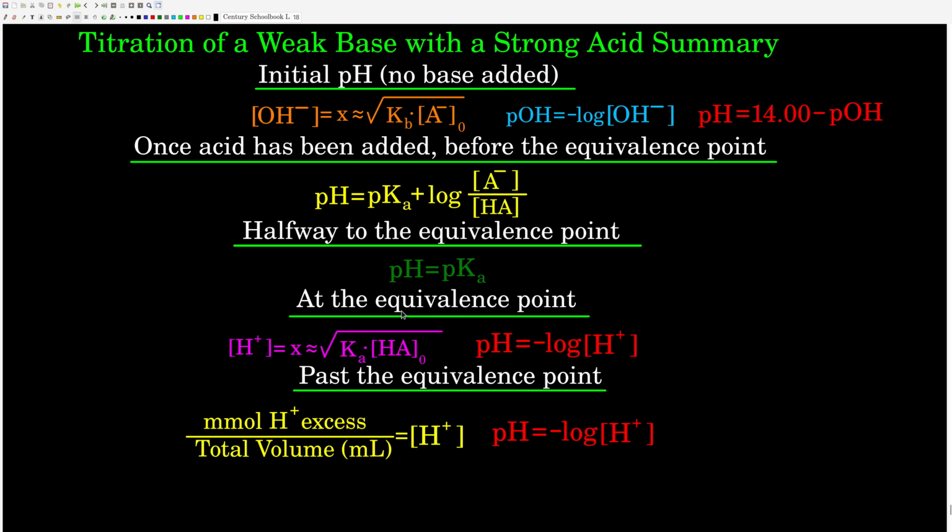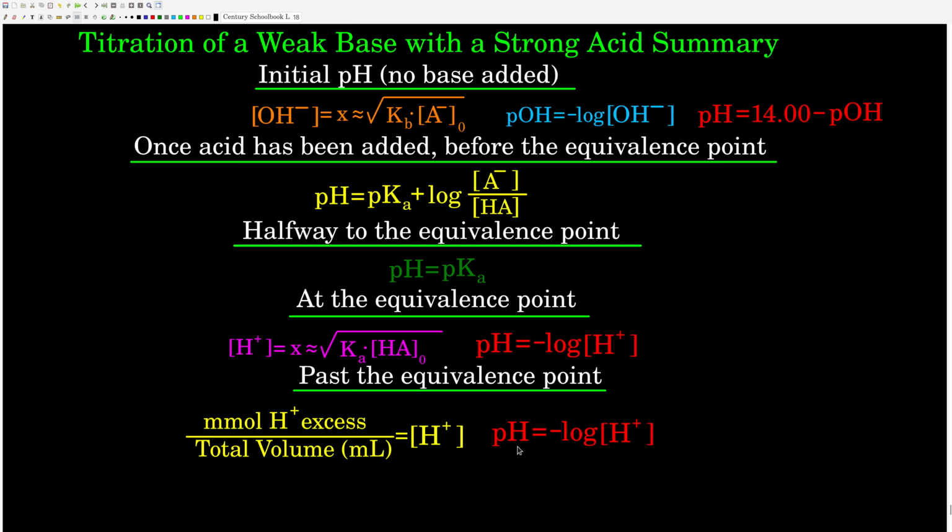So at the equivalence point, hydrogen ion concentration is equal to the square root of Ka times the initial concentration of the acid. And you saw how we calculated this when we went through it. pH is negative log base 10 of the hydrogen ion concentration. And then once we get past the equivalence point, the hydrogen ion concentration is just the excess millimoles of hydrogen ion divided by the total volume, and pH is just negative log base 10 of that.